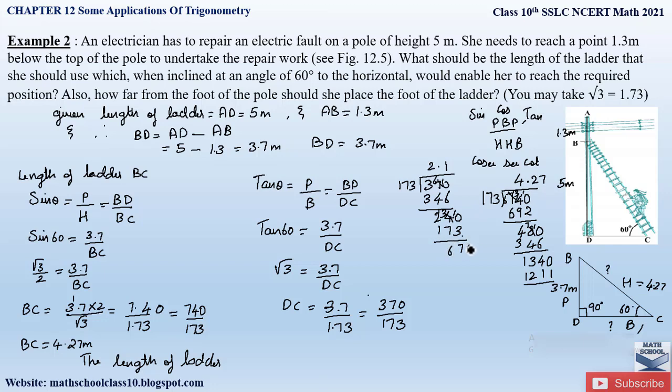So again when you add a 0, let us take again 3 times. So 3 3s are 9, 7 3s are 21, 3 1s are 3, 4 5, right? So this you can continue, or approximately you can take the value as 2.14. Okay, so therefore DC value is equal to 2.14, which is nothing but equal to the distance between the foot of the pole and the foot of the ladder.